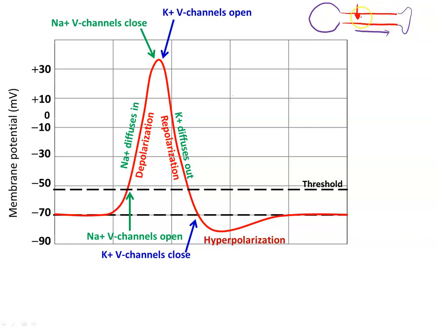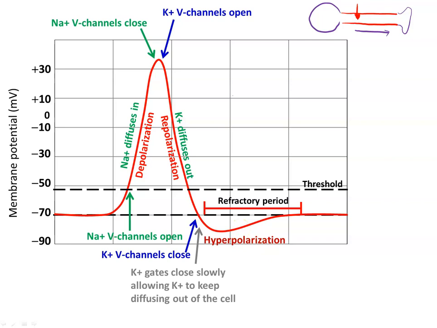Okay, I can't have it go the opposite way. It's because of this area of hyperpolarization. Now, this area of hyperpolarization is called the refractory period. Okay, and so this is an important part of the action potential. It's because it does not allow us now to have a signal going backwards towards the cell body.